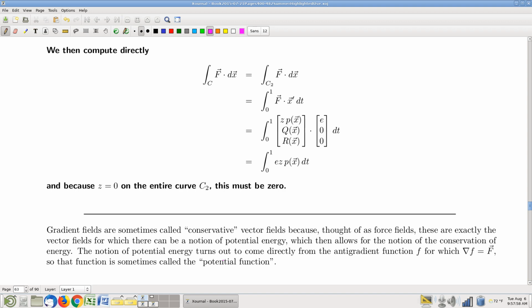Okay. The idea is that potential energy is that which allows us to talk about the conservation of energy. I do not mean this in an environmental sort of sense, right? That's how it gets used a lot. But in the physics sense, energy is never created nor destroyed. Now, in the ecological sense, it's usable energy. Yeah, absolutely. We waste a lot of usable energy. That's a separate problem.